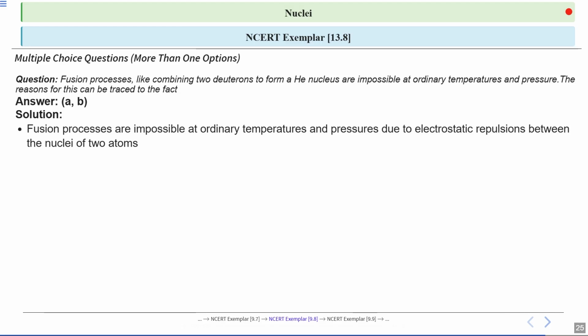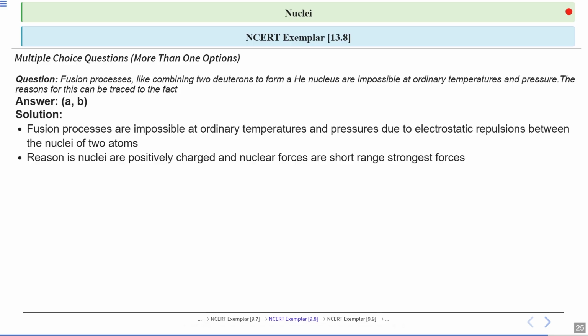Fusion needs high temperature and pressure to overcome the electrostatic repulsion between the nuclei of two atoms. At ordinary conditions, particles don't have enough energy to fuse. Nuclei are positively charged, so they repel. Nuclear forces are short range and only act at very short distances, around 10 to the power minus 15 meters. So nuclear forces can't contribute in the fusion process.